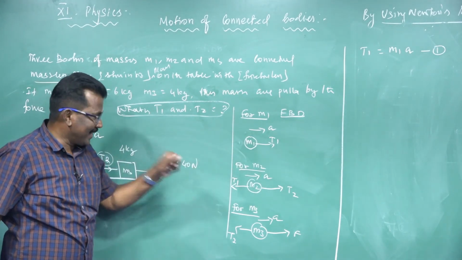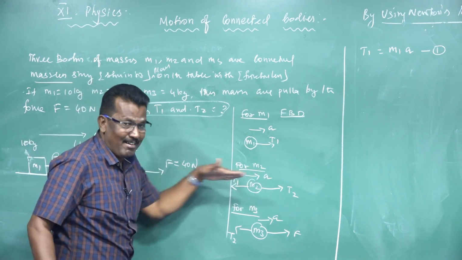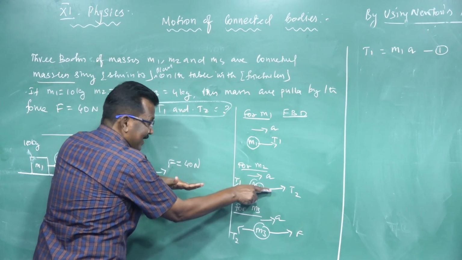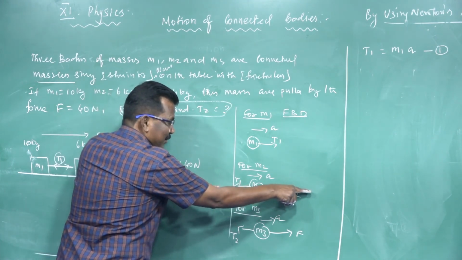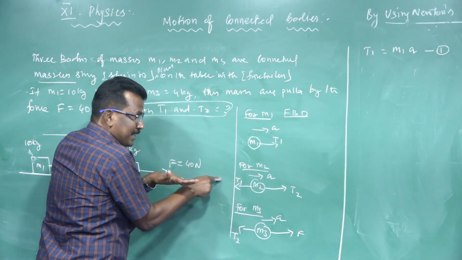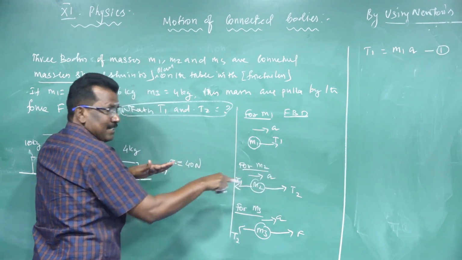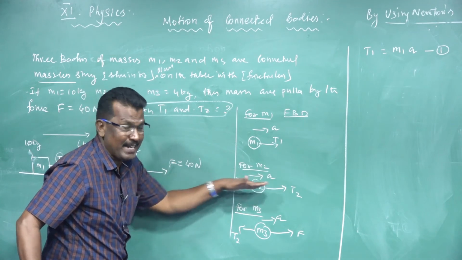In the case of m2, acceleration is along positive x-axis. Tension T2 is also acting along positive x-axis, but T1 is acting in the opposite direction. Net force is acting along positive x-axis.